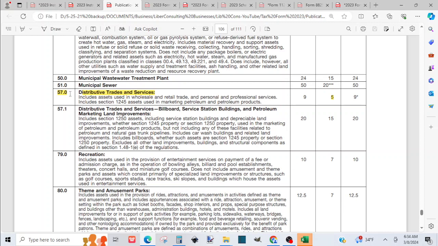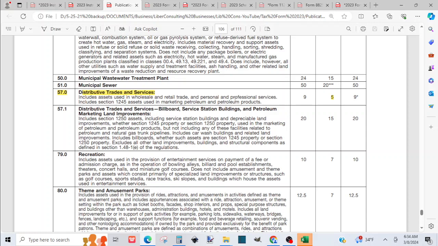So we have 57.0 distributive trade or service. It includes assets in wholesale or retail trade or personal and professional services. That pretty much includes trade, business, services, everything, retail and wholesale.